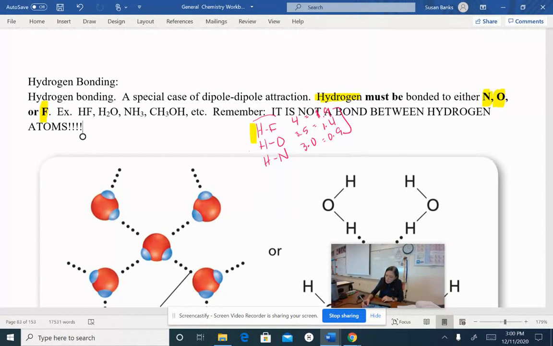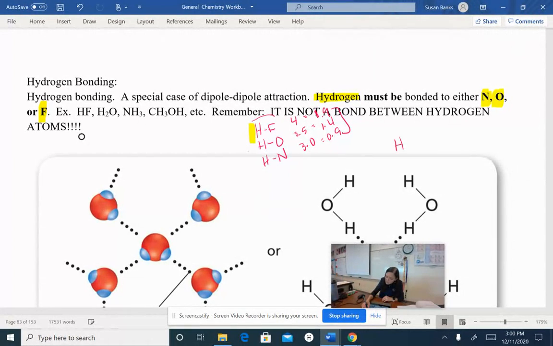Okay? So what it essentially does is we take that hydrogen electron off and we give it to the fluorine, the oxygen, or nitrogen. So fluorine has almost a whole entire -1 charge, oxygen has a whole entire -1 charge, nitrogen almost has a whole entire -1 charge.